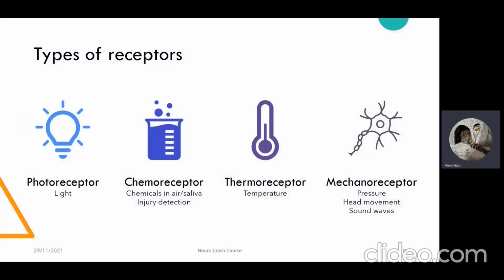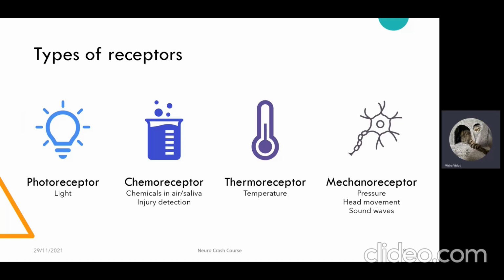There are quite a few different types of receptors that we need to know about, and quite a few of them are self-explanatory. So we have photoreceptors, which detect light, which is for vision. You have chemoreceptors, which detect chemicals in the air and in the saliva, so that would be for smell and taste. There are also chemoreceptors which detect inflammatory chemicals, such as histamine, and that's used for injury detection. We have thermoreceptors, which are for temperature detection.